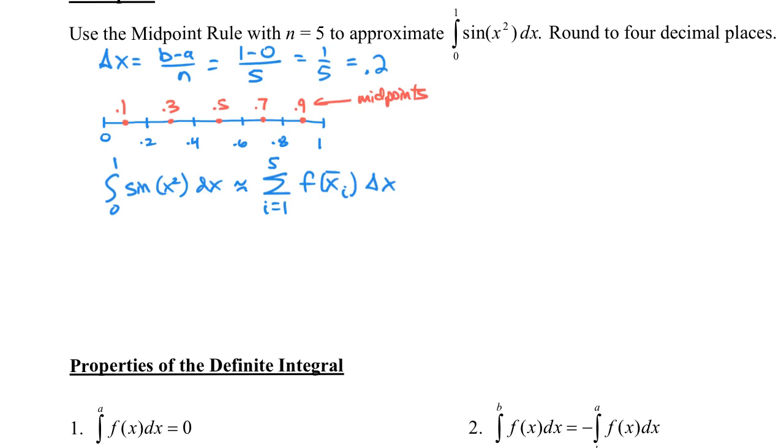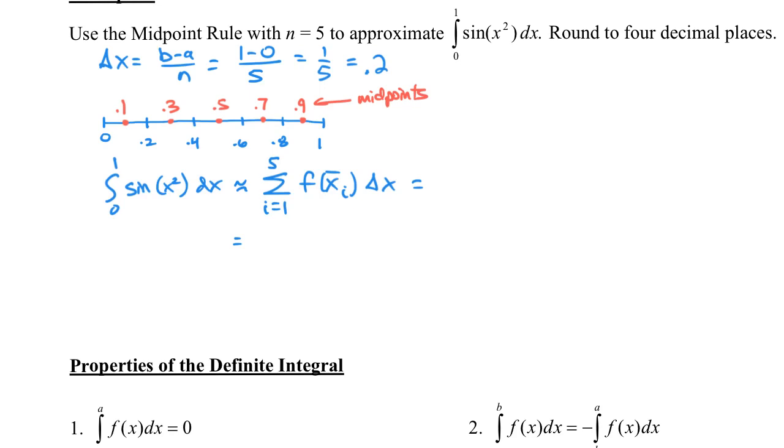So this thing is equal to, well, we've got our delta x, and I'm just going to move this out front, just like it does in the midpoint rule in the box above. Instead of plugging in 1 through 5 and multiplying each one by delta x, I'm going to factor out the delta x first. And what is delta x? 0.2, right?